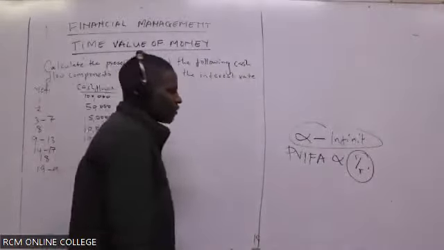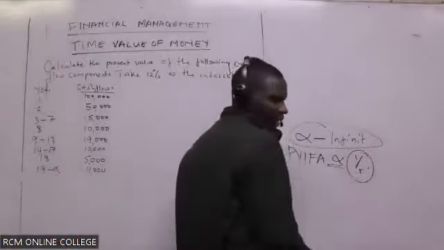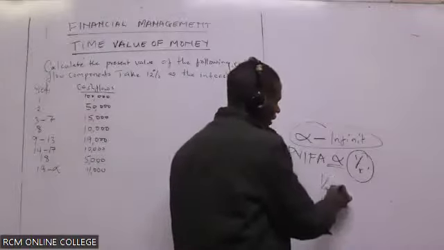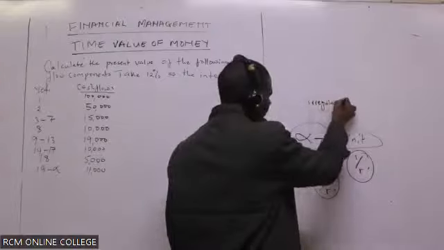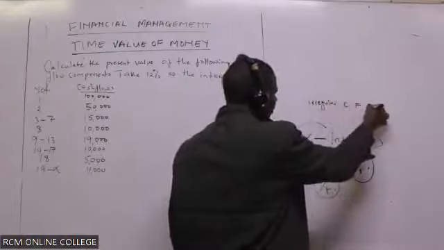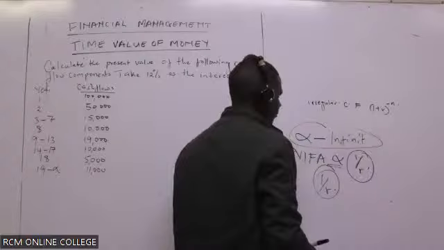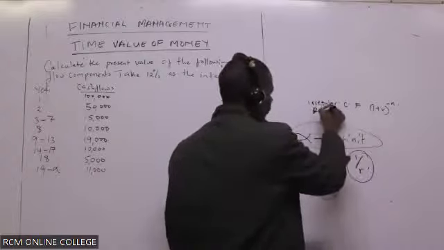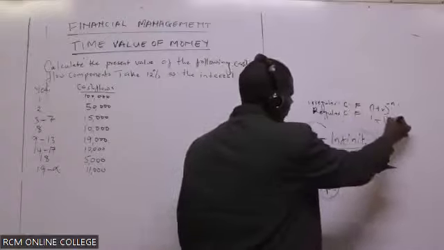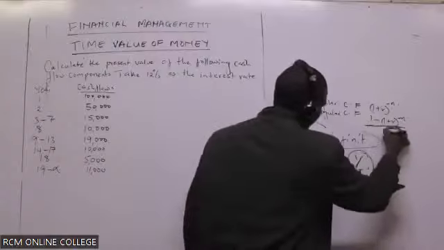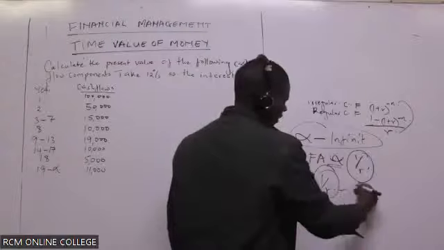To get the present value interest factor of annuity, or the discount of annuity, it is 1 over R. 1 divided by R. For irregular cash flow, we say it is (1 plus R) raised to negative N. Then for regular cash flow, the formula is 1 minus (1 plus R) raised to negative N, all divided by R. So for infinity this is 1 over R, just that.